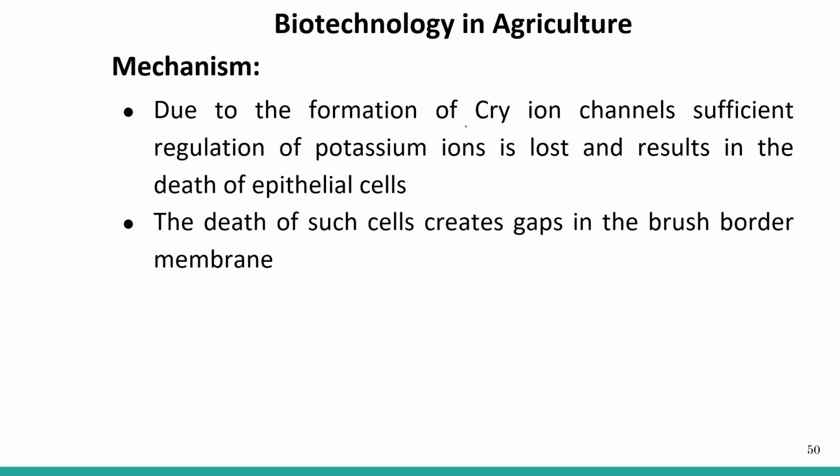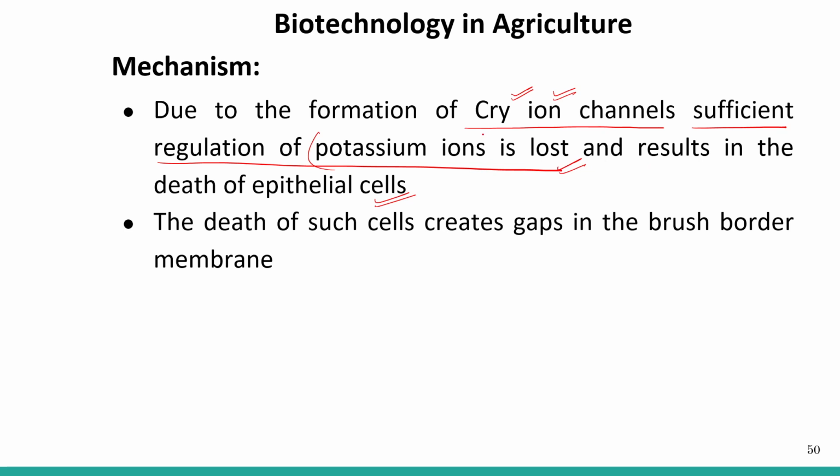This is due to the formation of Cry ion channels. This particular channel, formed by the attachment of the Cry protein to the cadherin receptors, causes the formation of Cry ion channels. Due to the formation of these channels, regulation of the potassium ion is lost and results in the death of the epithelial cells.